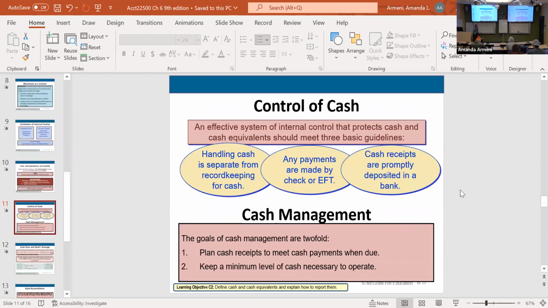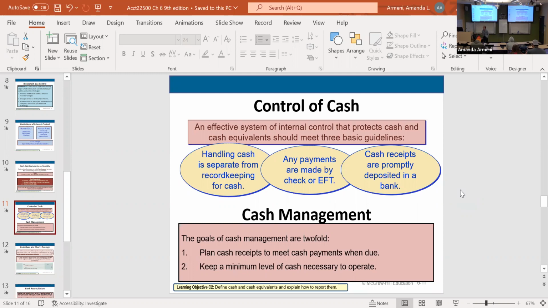Other things that we might want to think about when it comes to internal controls around cash, beyond just separating responsibility, right? We also said that we want to maintain an audit trail, okay? One way that we can do that with our cash account is by always making sure that we make payments either through EFT, which is the abbreviation for electronic fund transfer, or check, right?